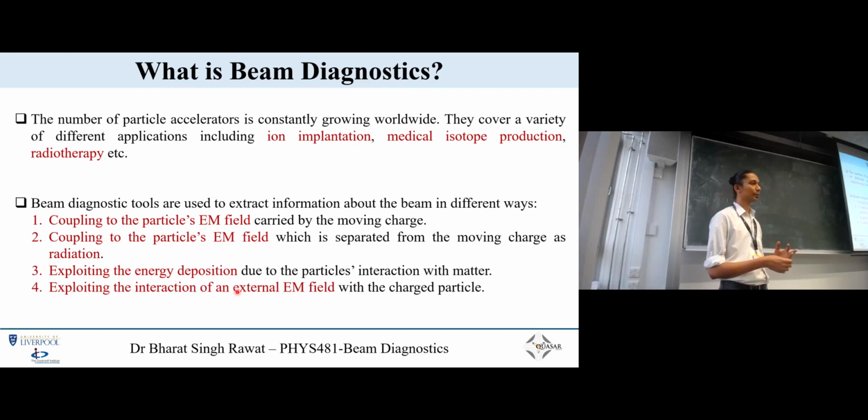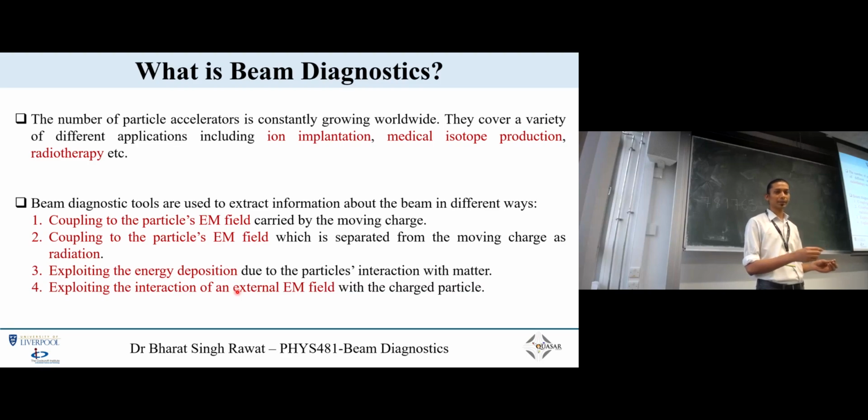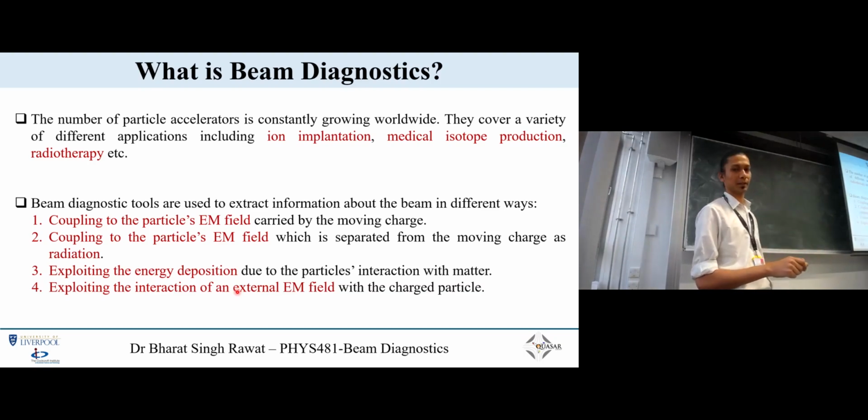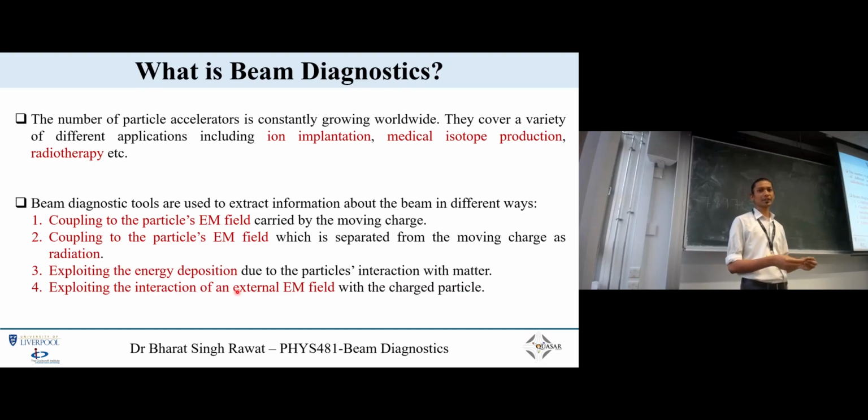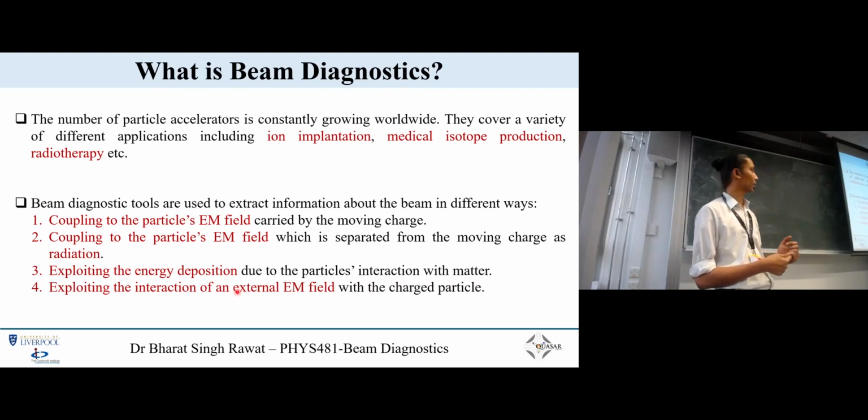For example, if you want to produce semiconductor chips, you need to bombard them with ions of specific energy, which produces very intricate details inside the chip, and you need particle sources like ion sources to study them. And to study all these properties, whether the beam is in the correct shape or size, or at a particular energy, you need to diagnose it properly. That's what beam diagnostics is for.